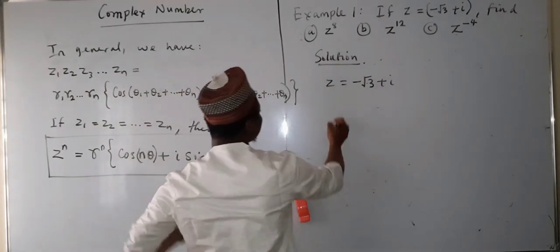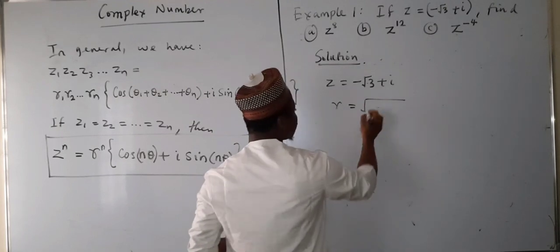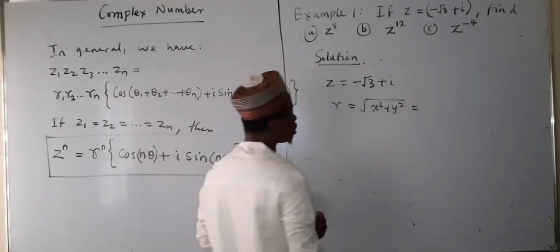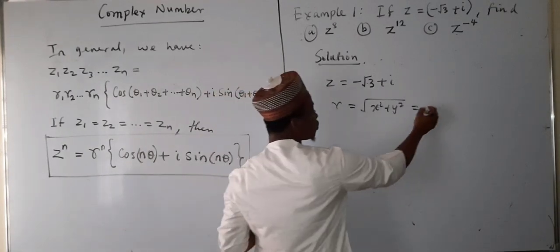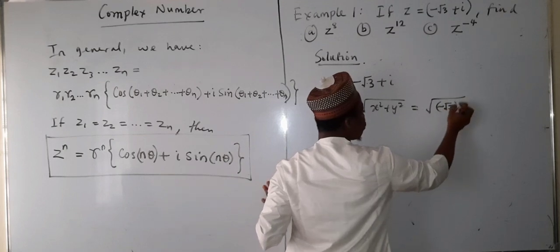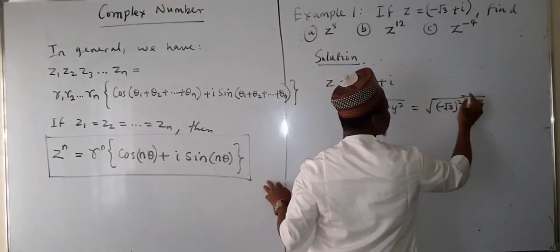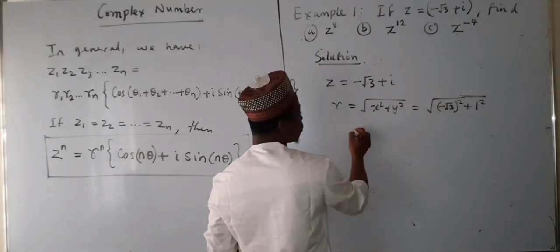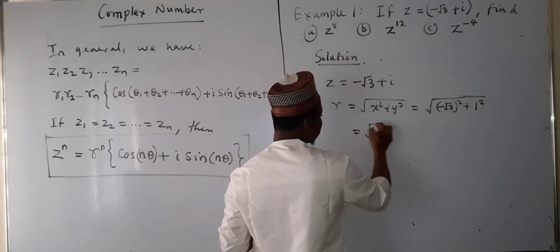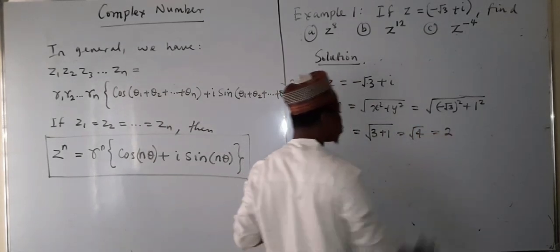So here, the modulus r is equal to the square root of x squared plus y squared, which is the same thing as minus root 3 squared plus 1 squared, which is the same thing as 3 plus 1, which is the square root of 4, which is equal to 2.